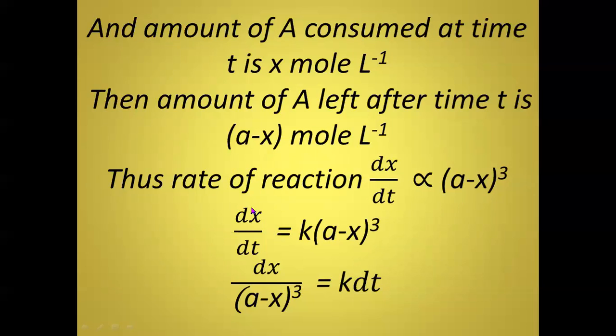Rate dx by dt will be equal to k into (a minus x) whole to the power 3.